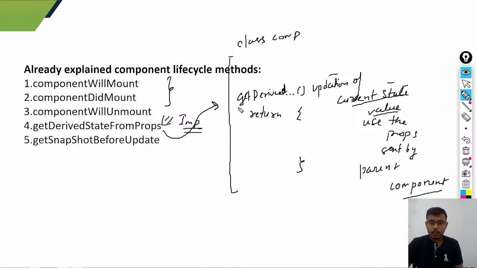Within this function, I have implemented a return statement in which I am returning an object which is just updating the state variable. Let us suppose that in the constructor I have defined a state variable: this.state equals counter.